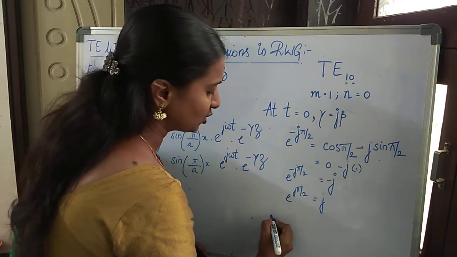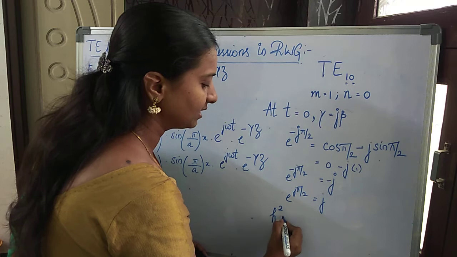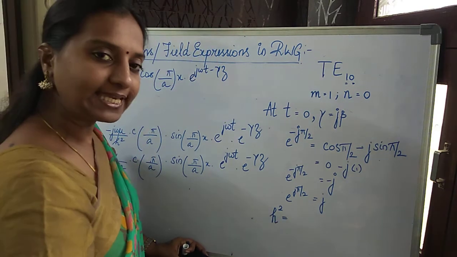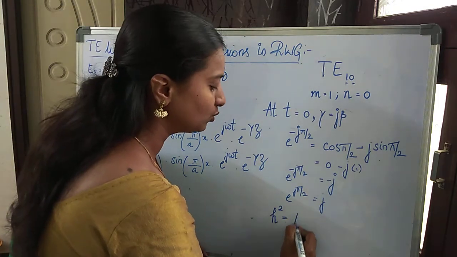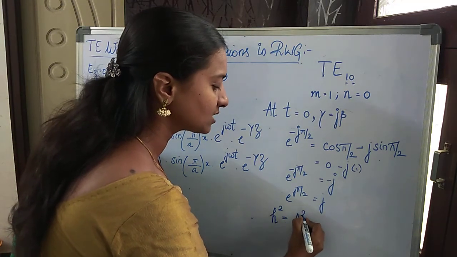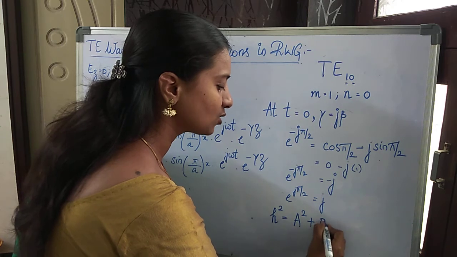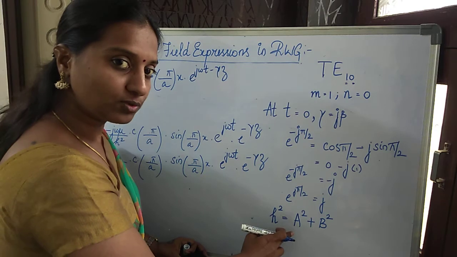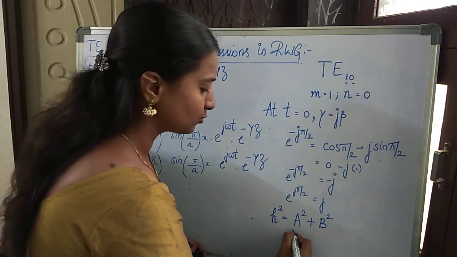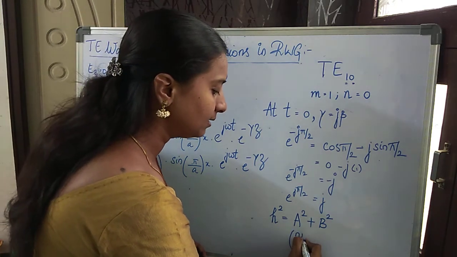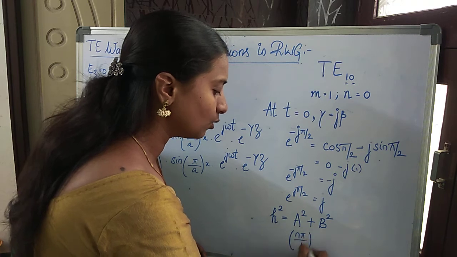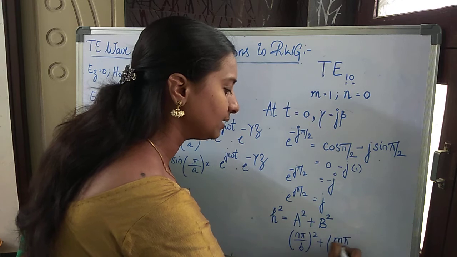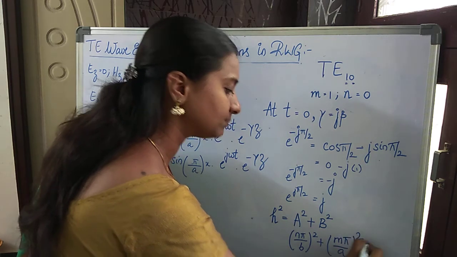So what is h square? While deriving the TM mode and TE mode equations, we saw h square is going to be equal to the summation of the squares of the constant terms a squared and b squared. I hope you remember. And we also found out these constant terms values to be n pi by b the whole square, and m pi by a the whole square.